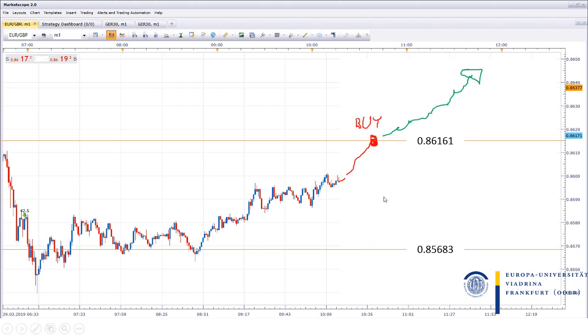However, in case the vote is no, then I expect that the exchange rate will go up, the British pound is weak, and then I want to buy at this point, and I expect that the exchange rate will move upwards even further. So this is the idea of a breakout strategy: we have a range where the exchange rate is trading right now. An important information will be released, and due to this information, the exchange rate will break out of the range and will continue to move in this direction.